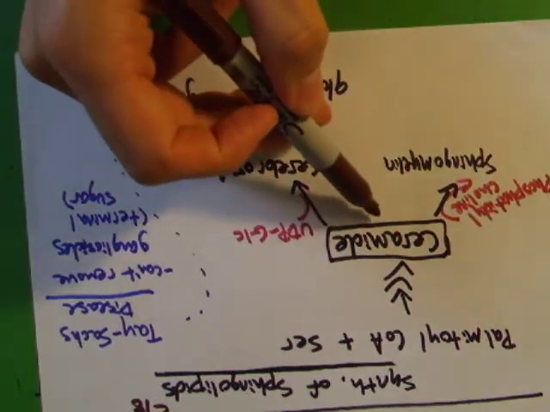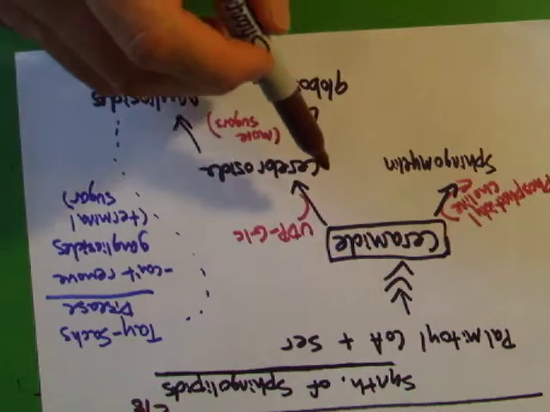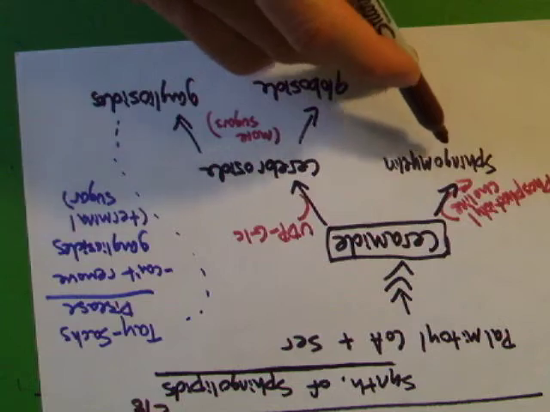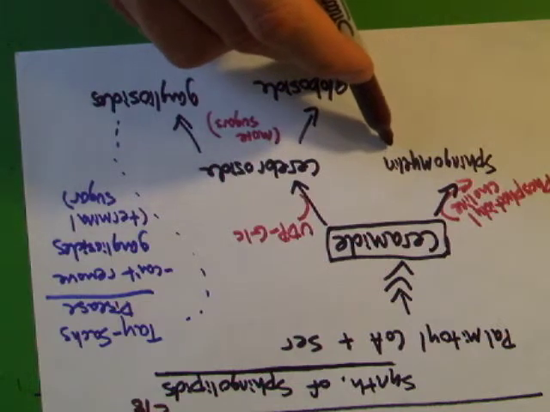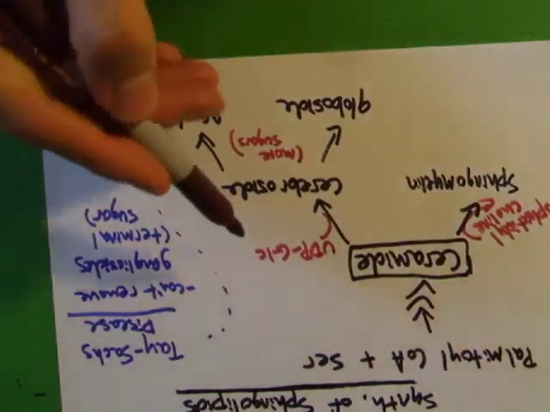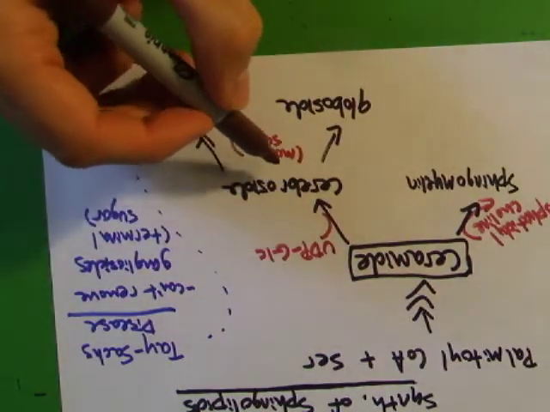Those are going to both make ceramides. Ceramides have 2 options. You can add a phosphatidylcholine to make it a sphingomyelin, or you can add an activated sugar, UDP glucose, and make it a cerebroside.